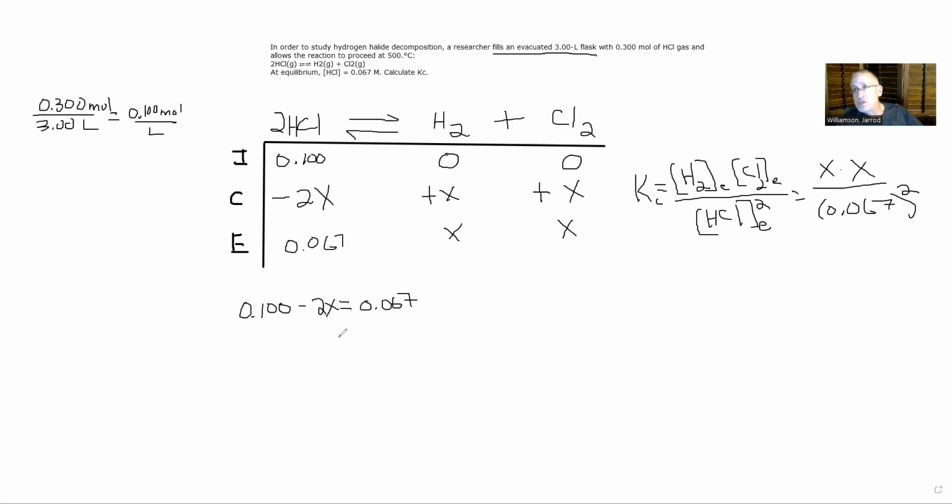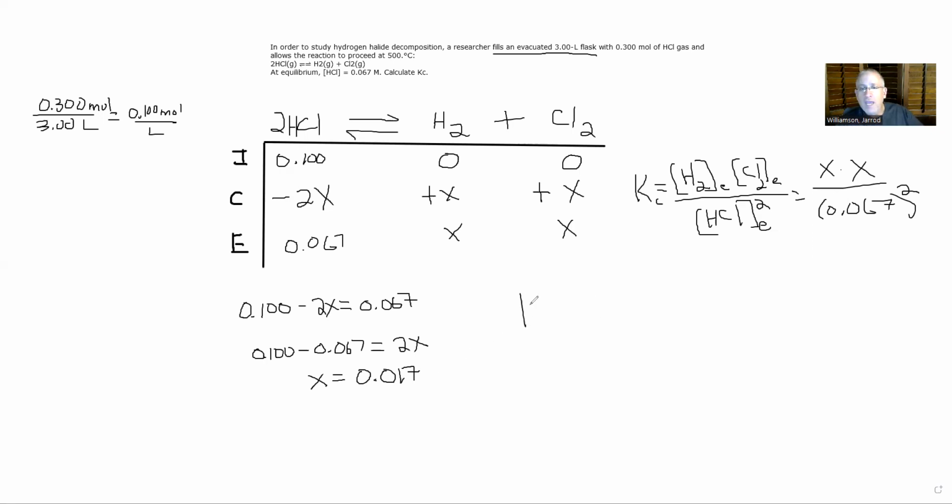That means we just got to solve for x. So we're going to have 0.1 minus 0.067 is equal to positive 2x. And when we finish the algebra, I'm not going to go through each little algebra step here. This is not an algebra class. We end up with basically 0.017.